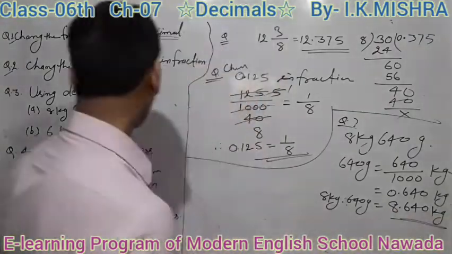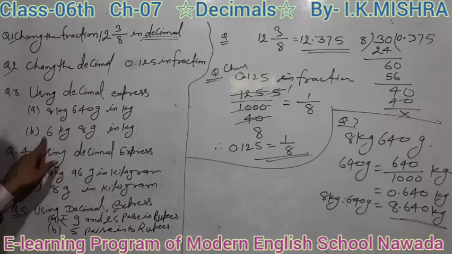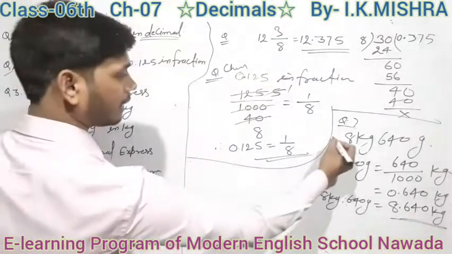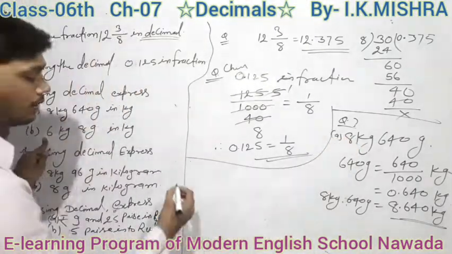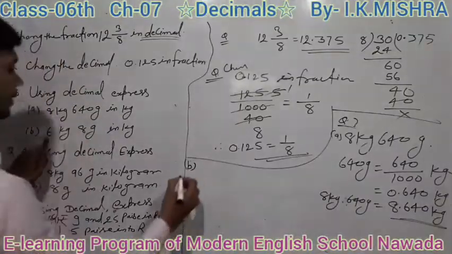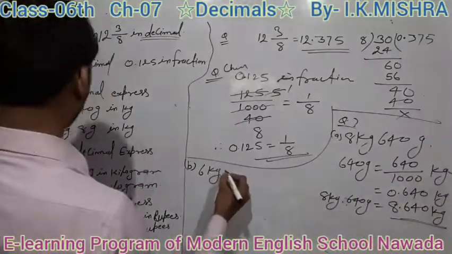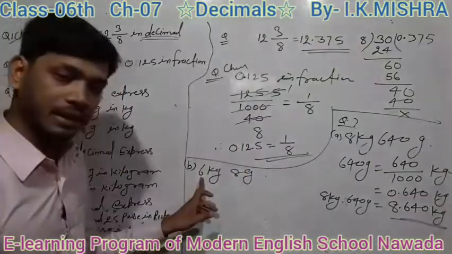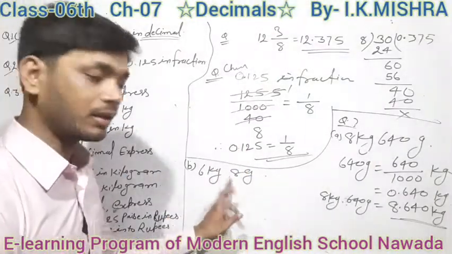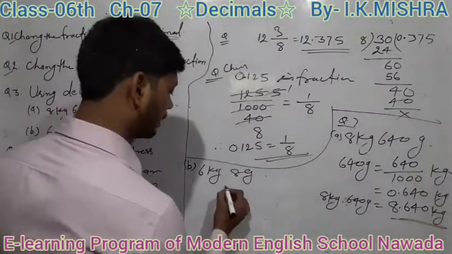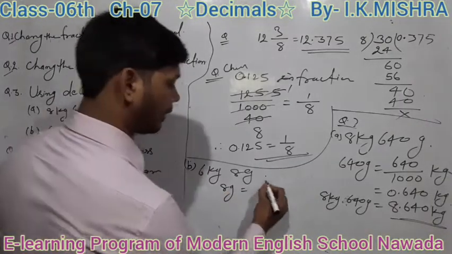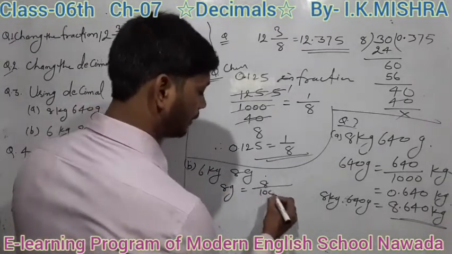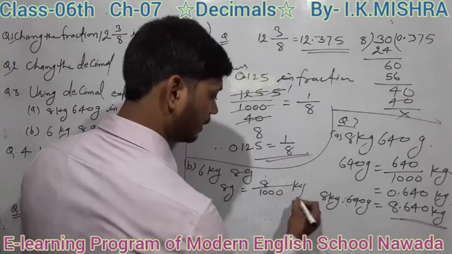Now students, in the A number question, and now in the B number question, here 6 kg 8 gram. Students, here 6 kg and 8 gram will be changed into kg. So 8 gram is equal to 8 by 1000 kg.